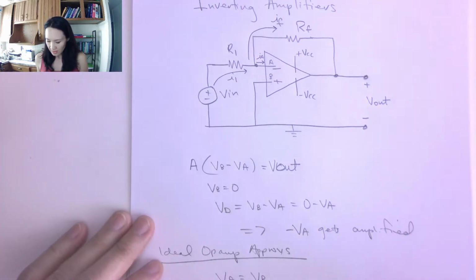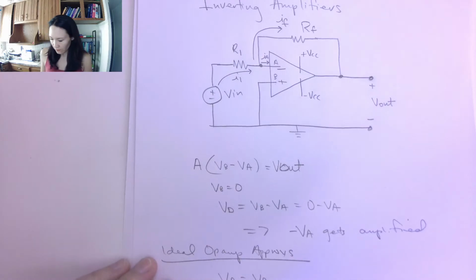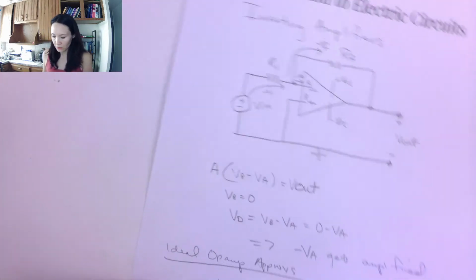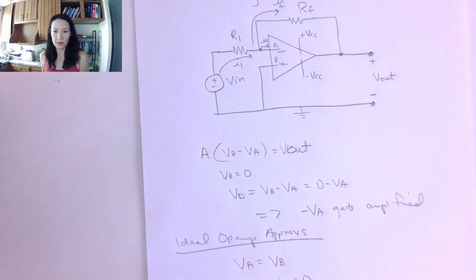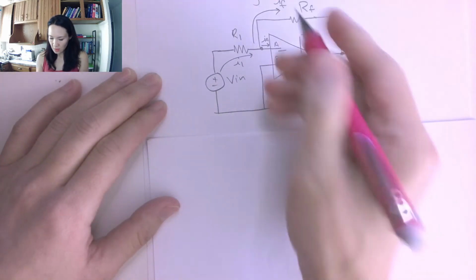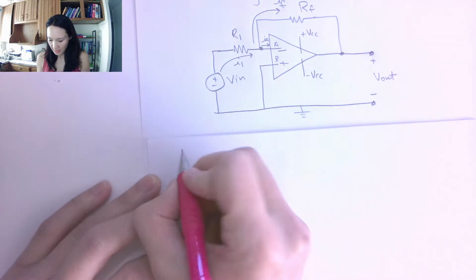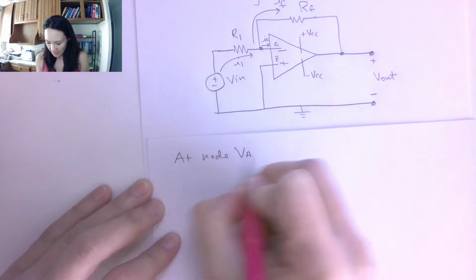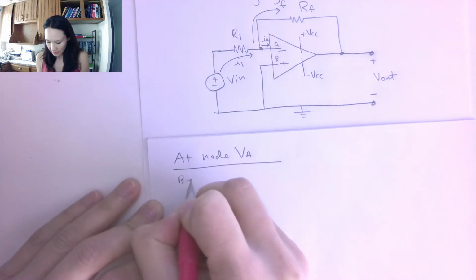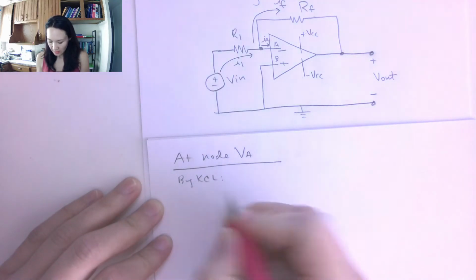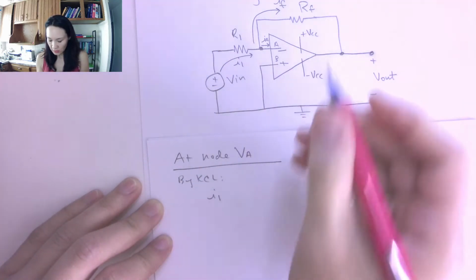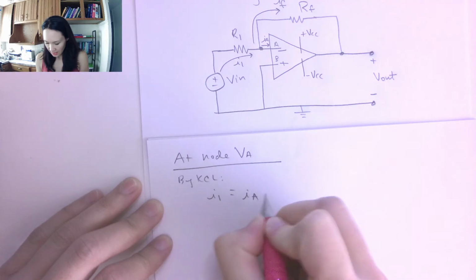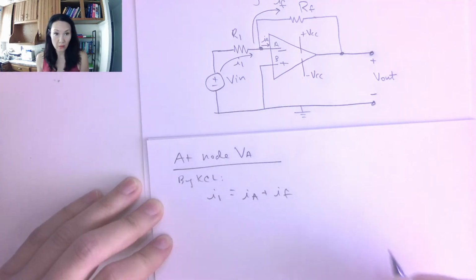Okay, great. So then I'm going to do a node voltage analysis to solve this circuit. At this node here, I'll call this the VA node. At node V sub A, we have by KCL that I1 is entering the node and IA plus IF are going out.